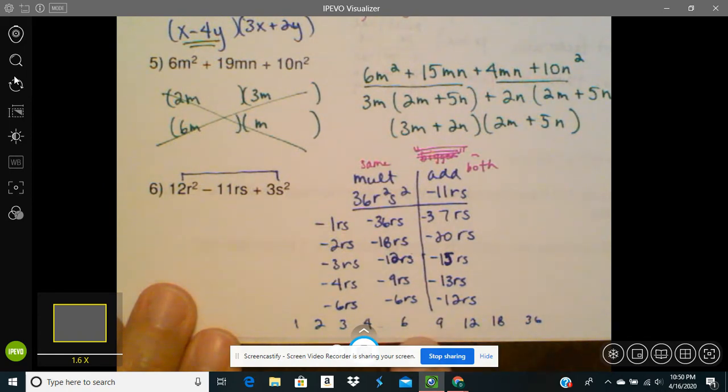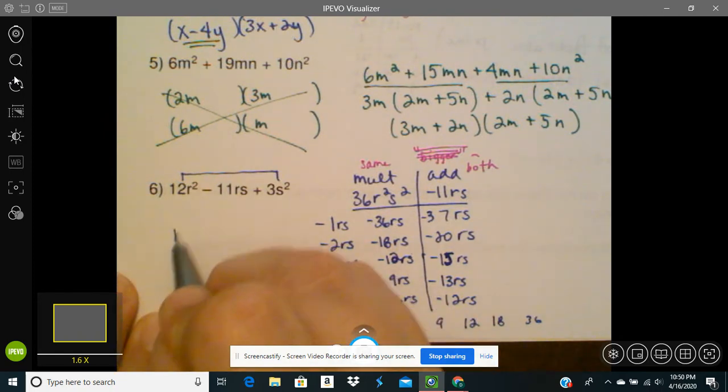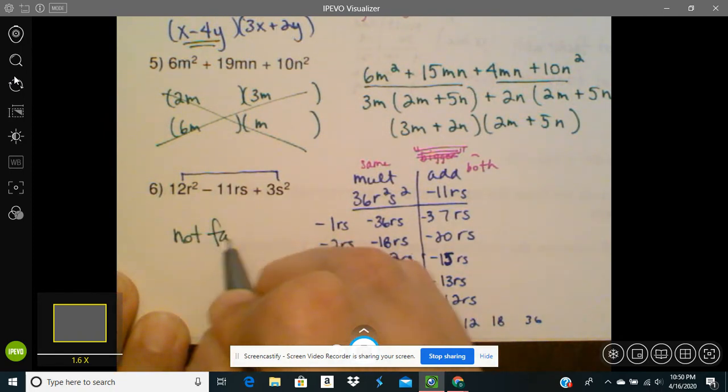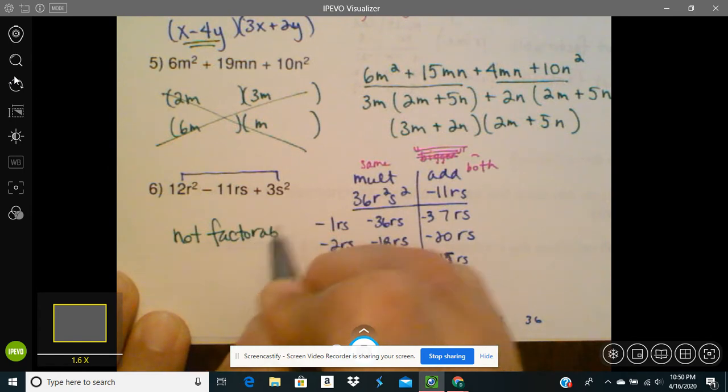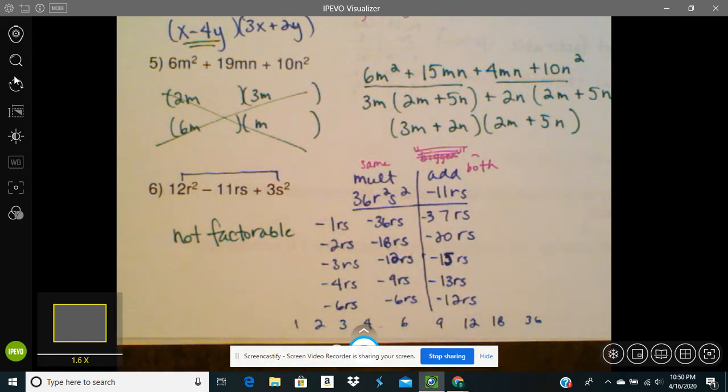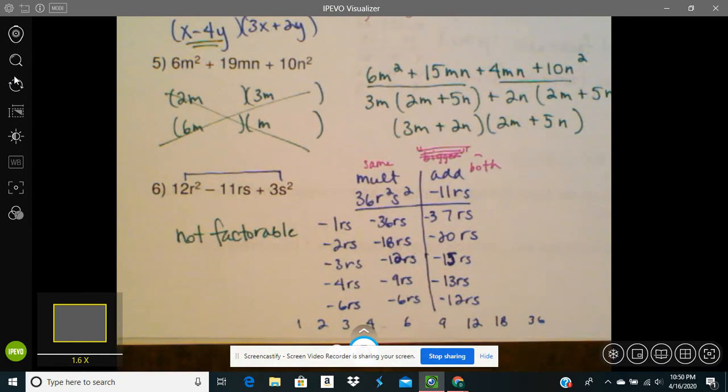Well, then 7, 8, 9, well, we've exhausted all of the possible pairs. Is there a pair of numbers that multiplies to 36, but at the same time adds to negative 11? No. So guess what? This is not factorable. I always have to show you one example where not all the cases work, and this is it.